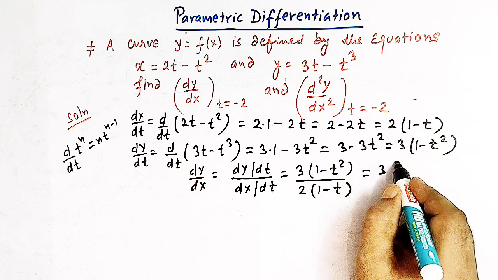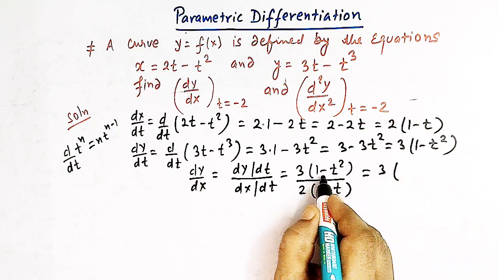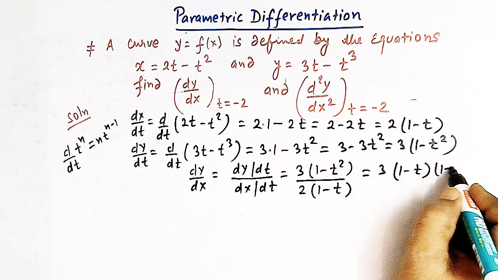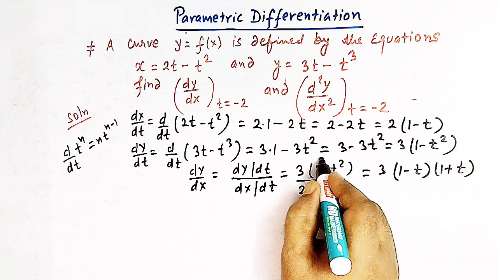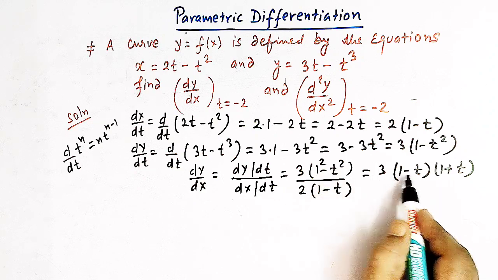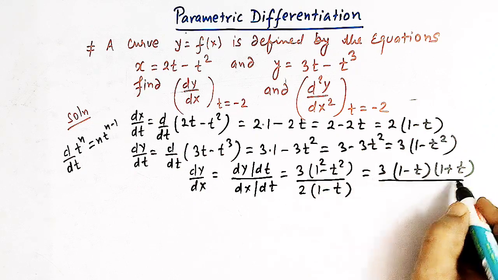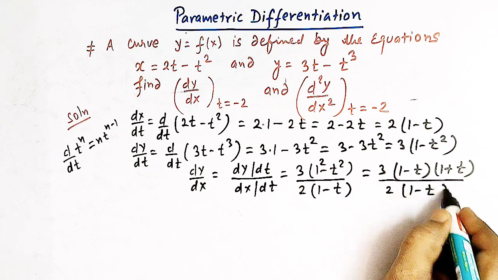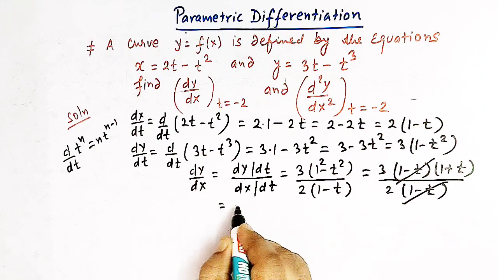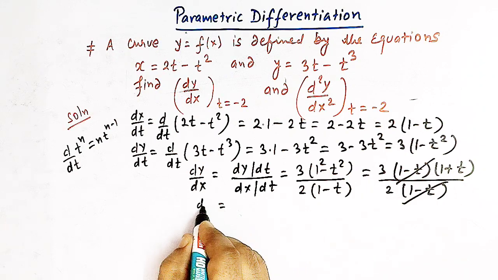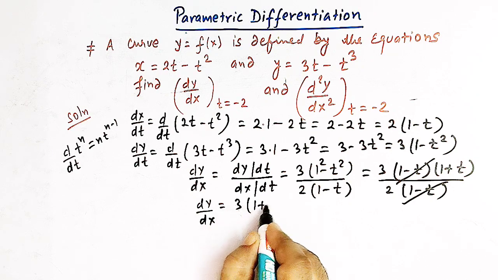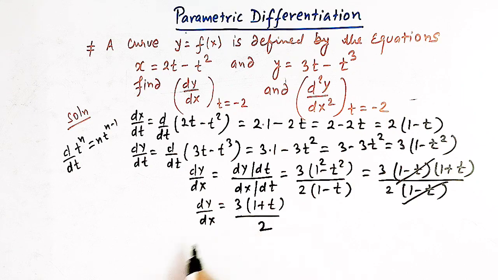Now here we have 1 minus t square, and it can be factorized as 1 minus t and 1 plus t by making use of the identity a square minus b square, that is a minus b, a plus b, and here we have 2 times 1 minus t. Now this common factor gets cancelled, so we are left with dy over dx is equal to 3 times 1 plus t over 2, right?